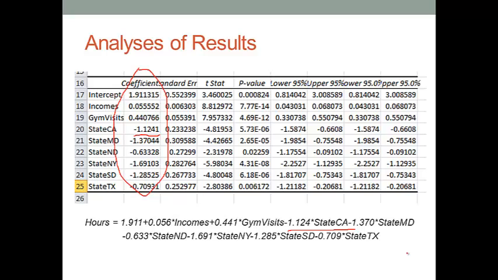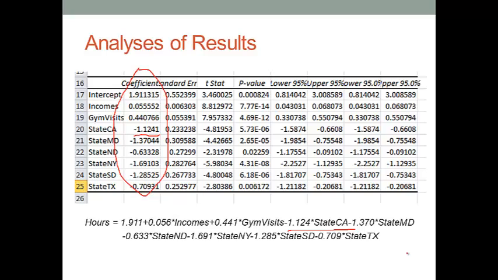Let's say a customer is from Washington. He gets 100,000 as yearly income. He visits the gym one time a week. We get 1.911 plus 5.6, where we replace income with 100,000, and then one gym visit, 441.